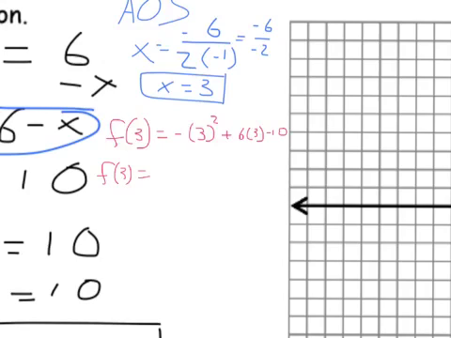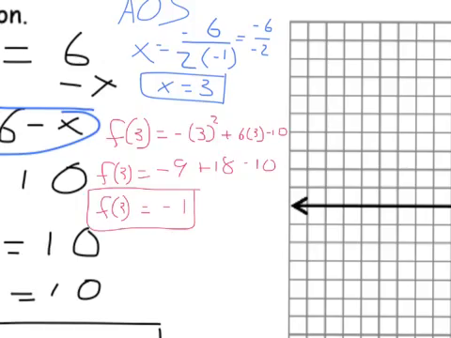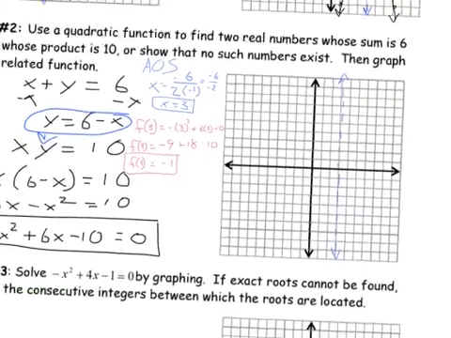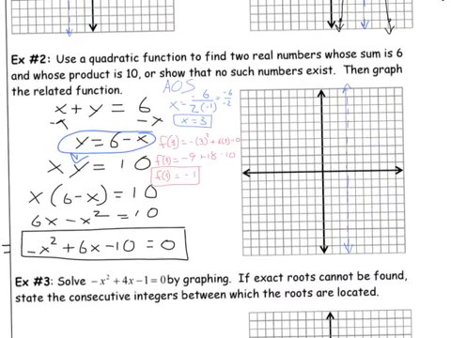So f of 3 equals negative 9, because you're only squaring the 3, plus 18 minus 10. That's a negative 19 and a positive 18. That makes a negative 1. So f of 3 is negative 1. Alright, well, that means that we have a vertex at 3, negative 1. So let's plot that. That's right here.